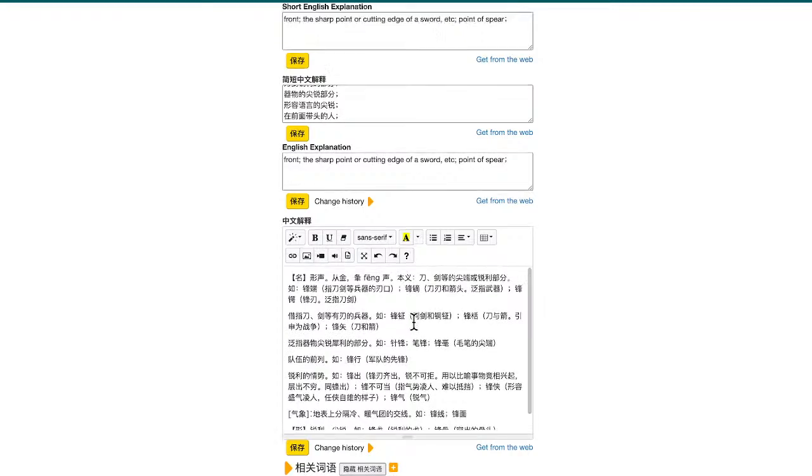So let's take a look at the character itself. This one on the right-hand side is the character feng. You can see that in the old character, the right-hand side is actually a character called feng. Now feng means bump into each other, meet.